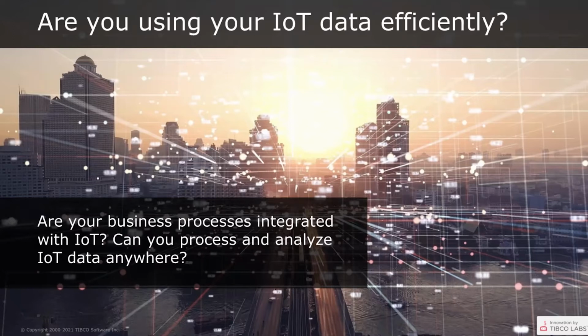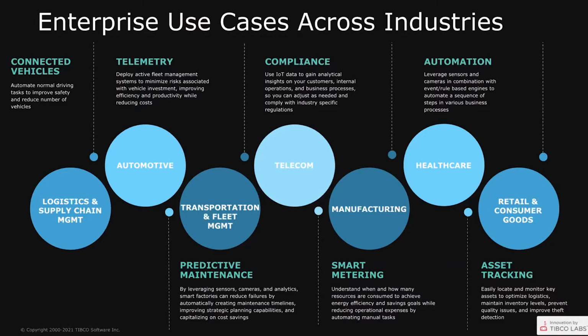You have some of your processes in the cloud, and now you're thinking about doing some of that computation at the edge. And there are some things that you're going to need to consider, right? Are you using your data efficiently? Are you integrated with the Internet of Things? Are you integrated with the real world, with the analog world? And can you process and analyze the data everywhere? Those are some of the questions that you're going to have to answer.